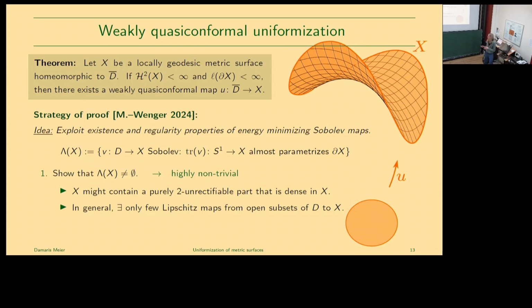So it's rather surprising that we are able to construct such a map in such generality. This is really the hard part of the proof.